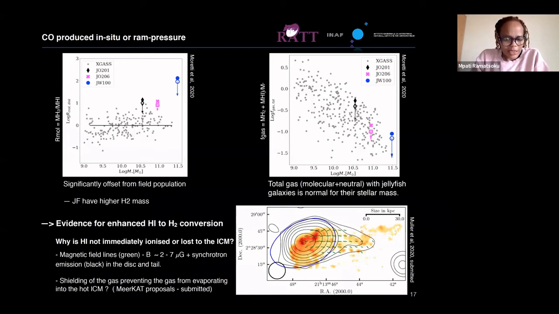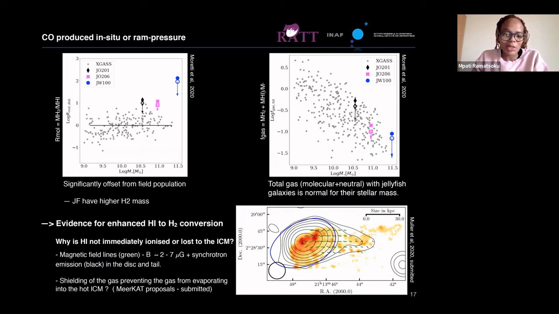And what we found was that there were magnetic fields running from the disk all the way to the tail. So what we think could be happening here is that there could be shielding. So the gas is prevented from evaporating into the ICM due to the protection that it gets from the magnetic fields.